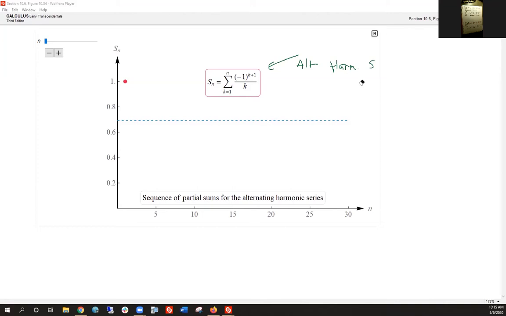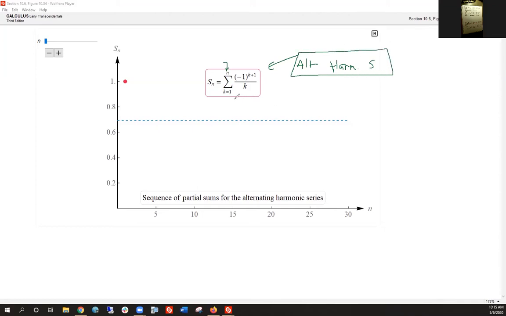Be careful here. This looks like the alternating harmonic series with one slight distinction. Notice that we have an n as our upper value in our summation. So that tells us that this whole expression represents what?